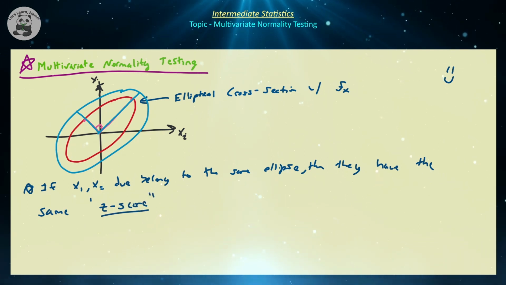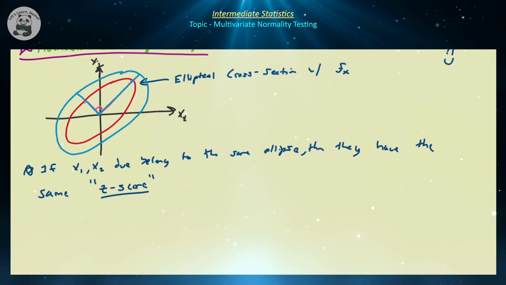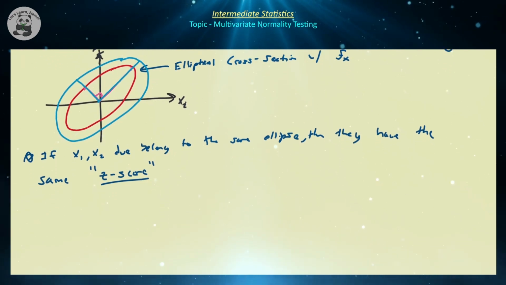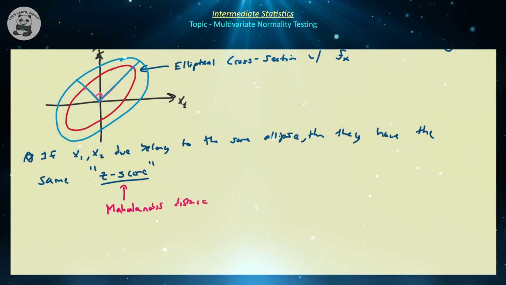But z-score usually isn't a phrase that's commonly used in the multivariate world, so what we usually do is replace z-score with the word Mahalanobis distance. So as long as you're on the same ellipse, you have the same exact Mahalanobis distance from the mean, the same z-score from the mean vector of that particular object.